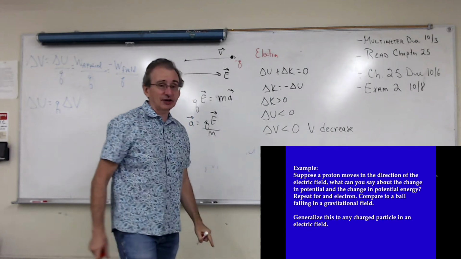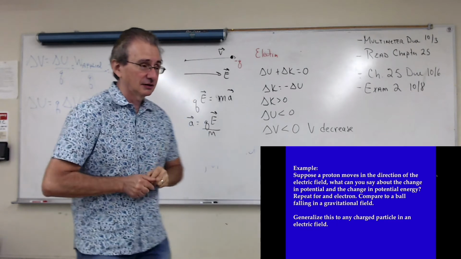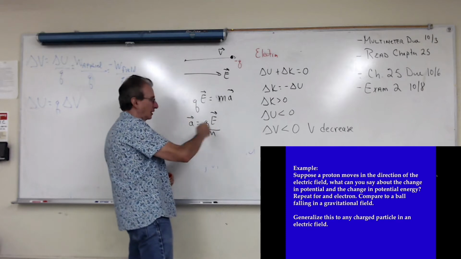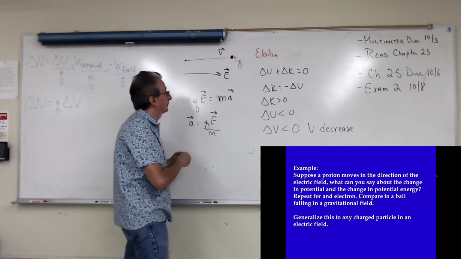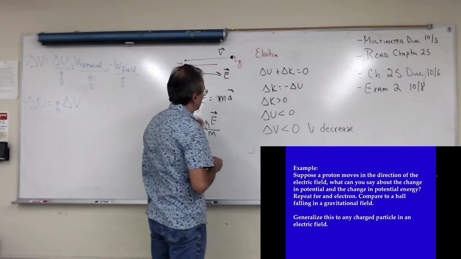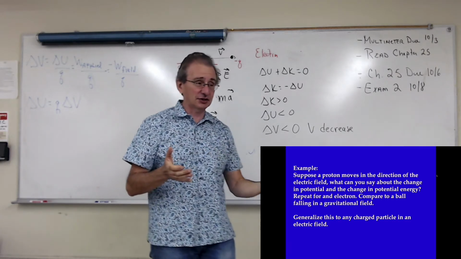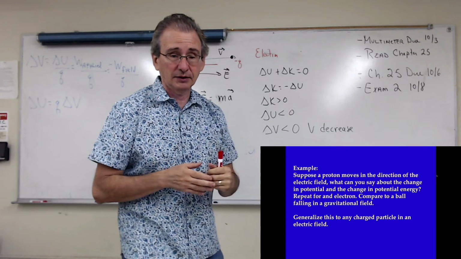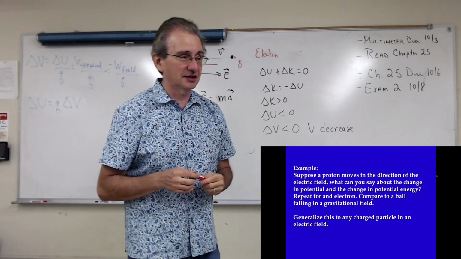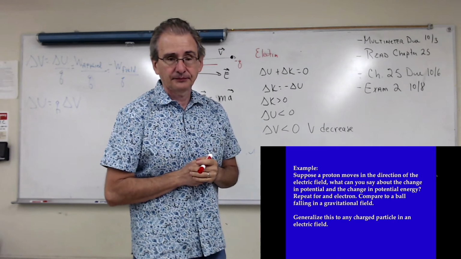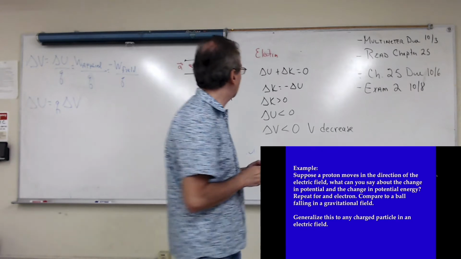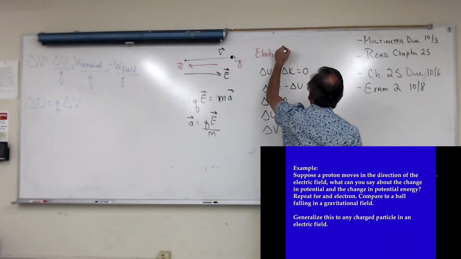What is the direction of the acceleration? Well, if the field is to the right and the charge is negative, that flips the vector over, so the acceleration is to the left. If the velocity is to the right and the acceleration is to the left, does it speed up or slow down? From your knowledge of kinematics, it slows down. So the electron slows down.